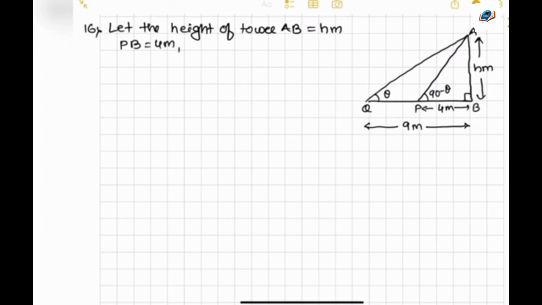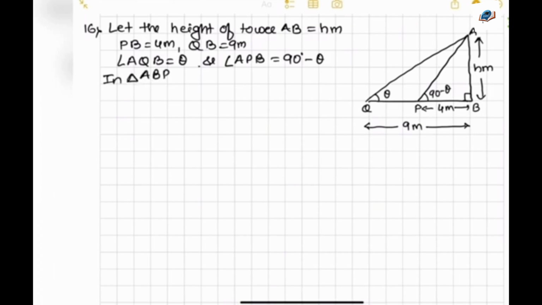First I am supposing that and we are given PB equal to 4 meter, QB equal to 9 meter and angle AQB equal to theta and angle APB equal to 90 minus theta. As he has said, both are complementary angle. Complementary angle means sum of two angles is 90 degree.